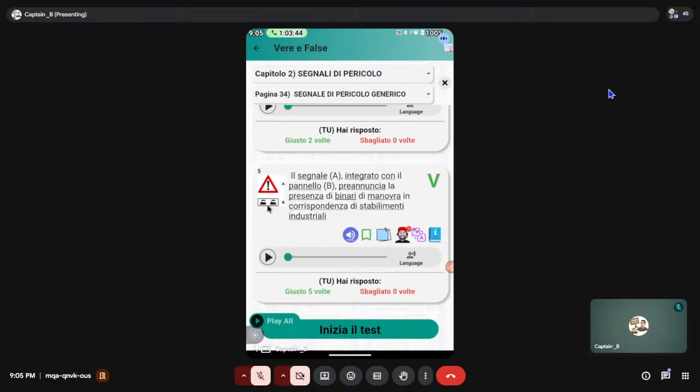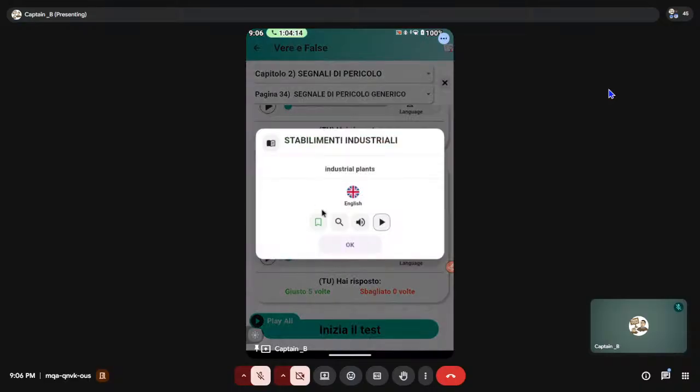We're talking about an industrial area, where you see all those cargo trains carrying load. This is where you find it. This is not a normal train, just a cargo train. Good. All right. Now this sign together is indicating the presence of binari di manovra, in corrispondenza di stabilimenti industriali, at the midpoint of industry.